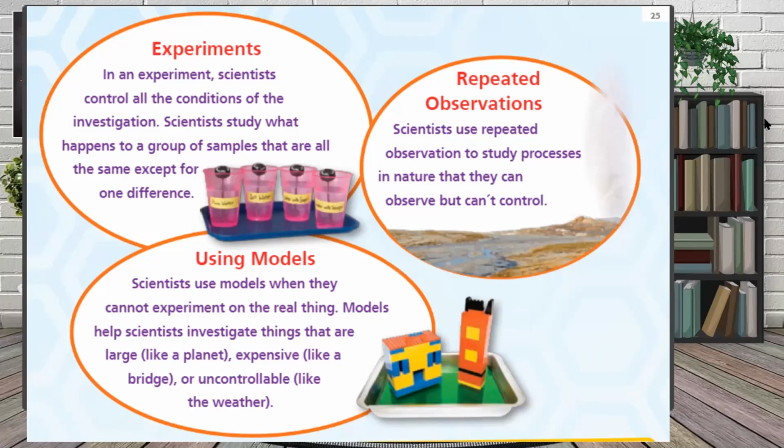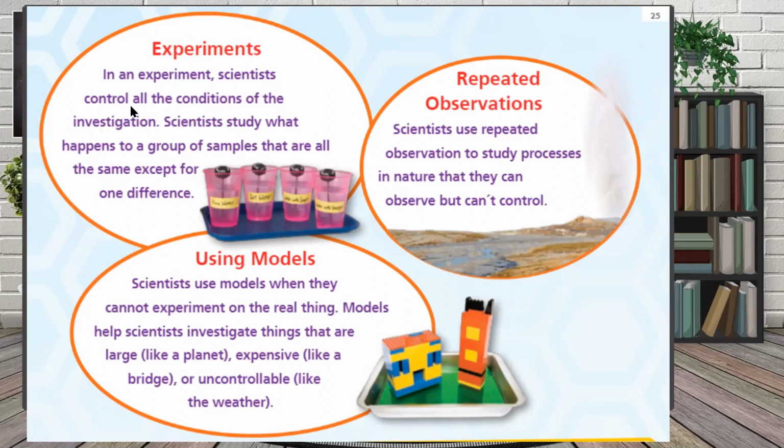But you have to know why we do experiments. We do experiments as a fair test of your hypothesis, to make sure if your hypothesis is right or wrong. And if it's right or wrong, we need evidence. That's why we are making experiments. And exploring and investigating something is really fun. Now, in an experiment, scientists control all the conditions of the investigation.